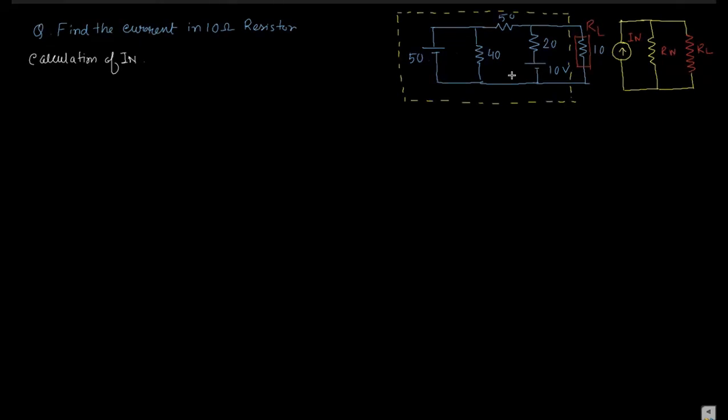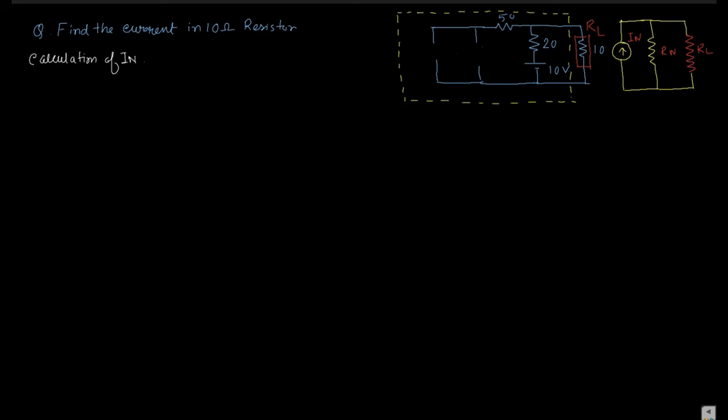How can we bypass this 40 ohm resistance? If you redraw this circuit like this, if you just exchange, I am doing it over here. If you exchange, is there any effect on the entire circuit?